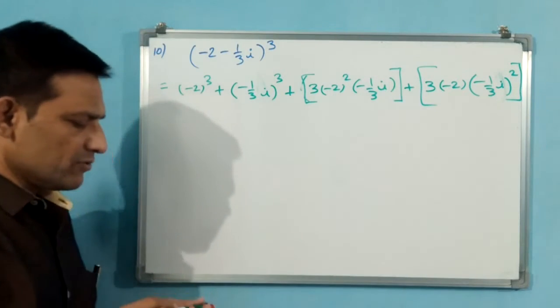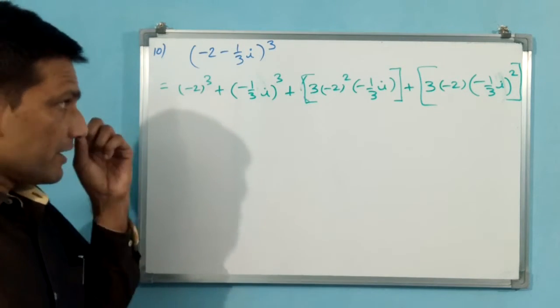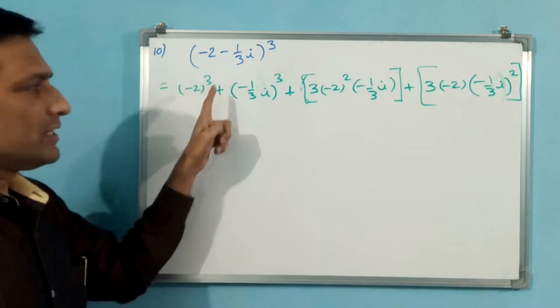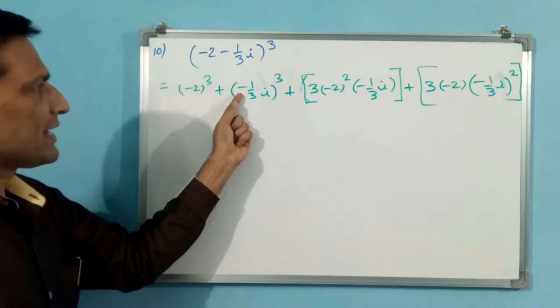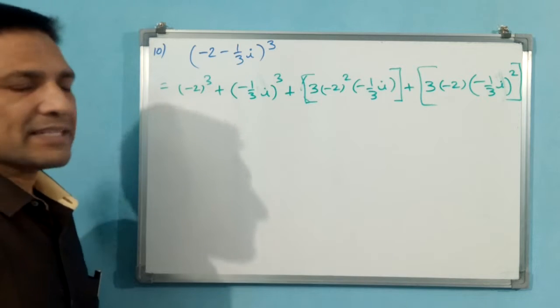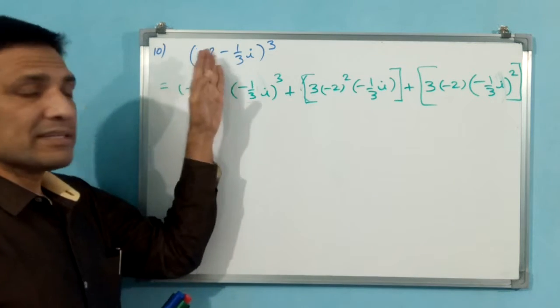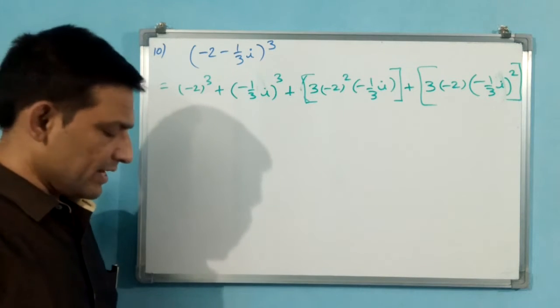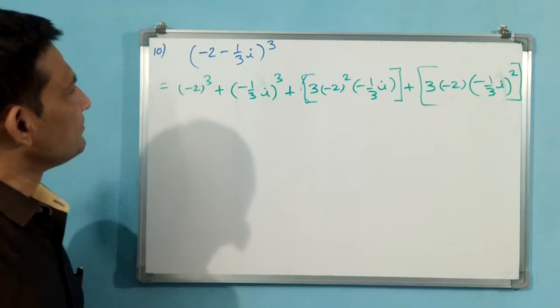Is it okay? As per the formula I have taken plus only, but inside I have kept minus, since here it is minus a minus b, so I have to take it in this format.